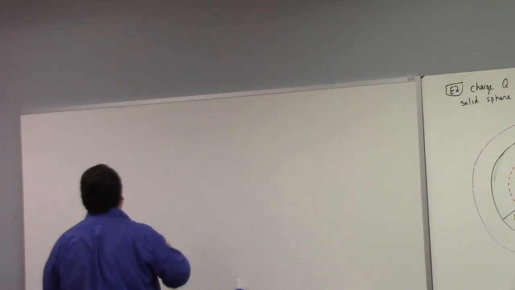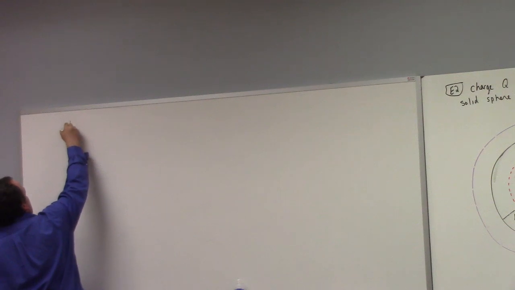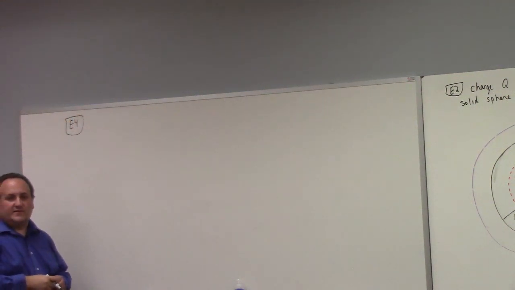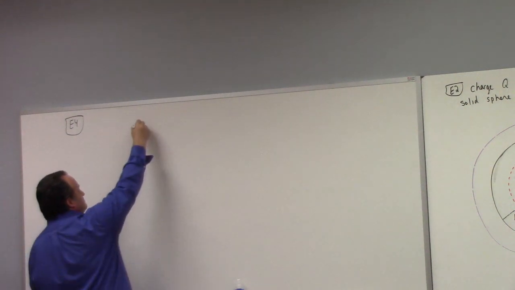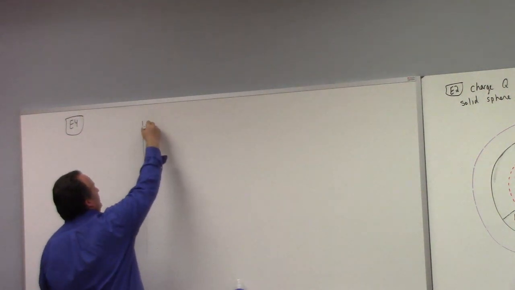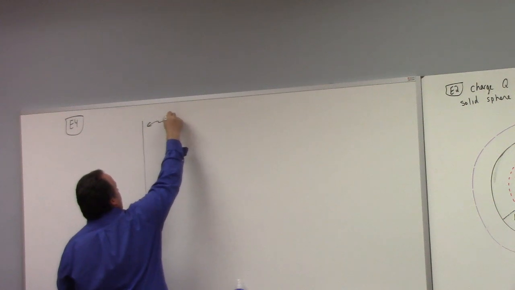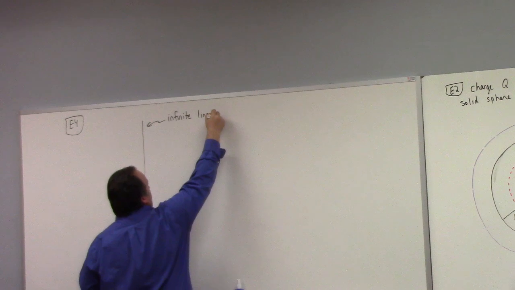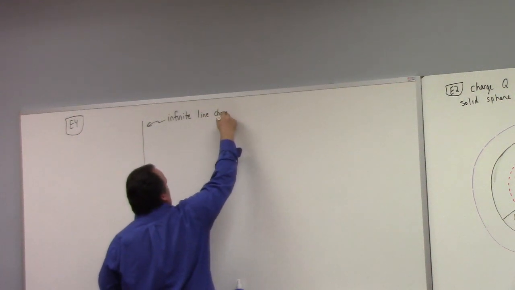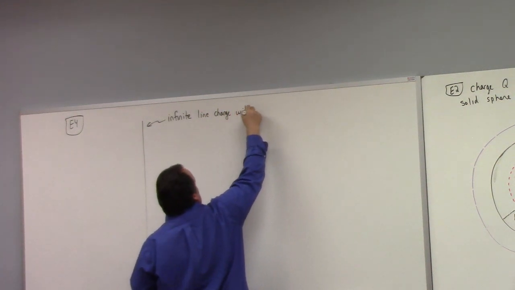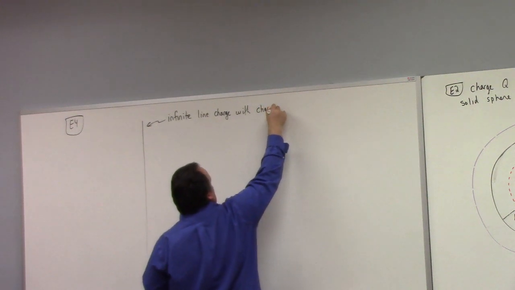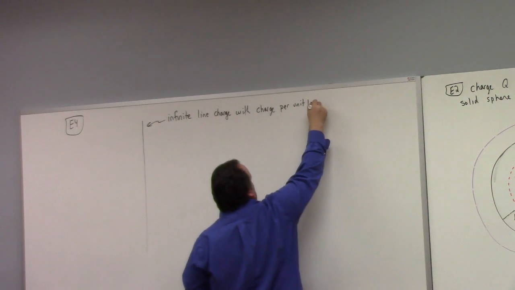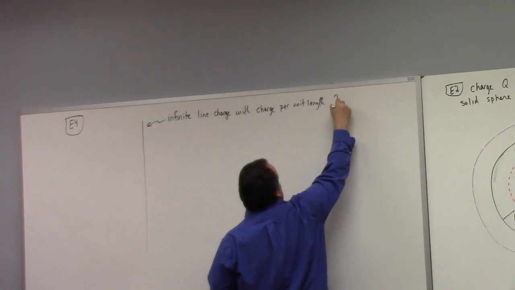Where are we? Example 4. So Gauss's law matters. We love Gauss's law. It's super awesome. Here's another one. Imagine you have an infinite line charge with charge per unit length lambda.